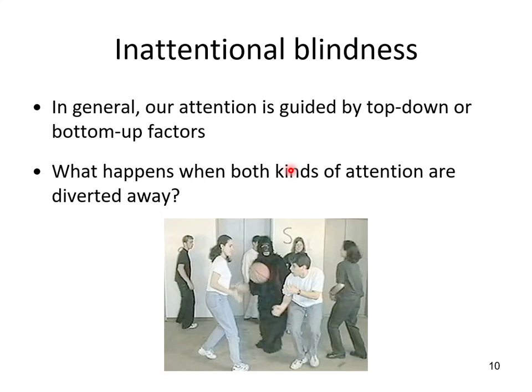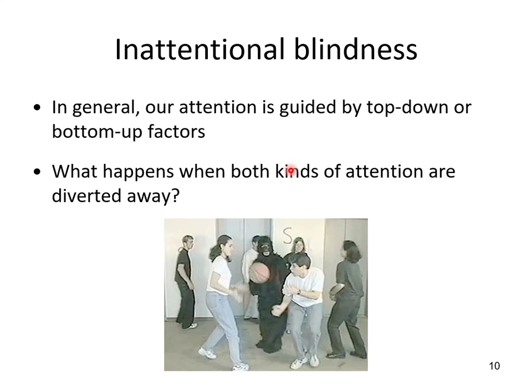So if you count the black team, do you think you will be aware of the gorilla? Probably yes. So what kind of attention? Okay, just now we have learned top down and bottom up attention. Which one do you think is more relevant when I ask you, if you count the black team, then probably you will discover the gorilla? It's probably more related to top down, right?